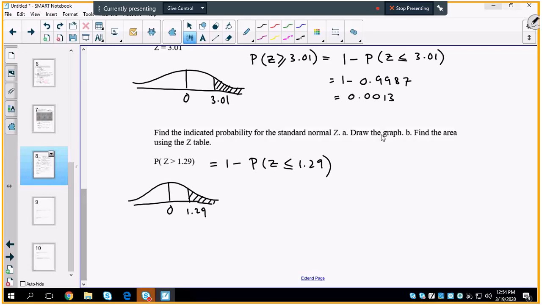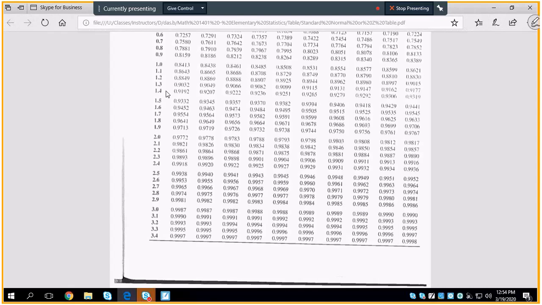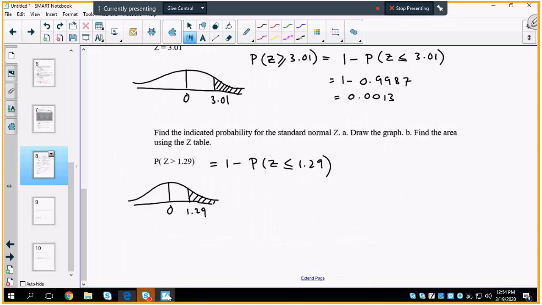Let's see, 1.29 gives you what? 1.2 is the row, and the column is the last column, which is 0.9015. So 1 minus 0.9015, and then I do the subtraction and I get 0.0, and I believe this is going to be 885.